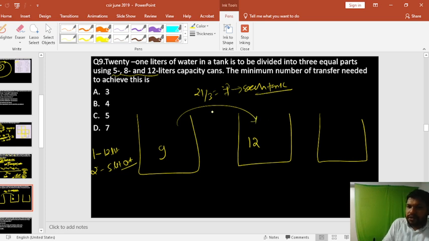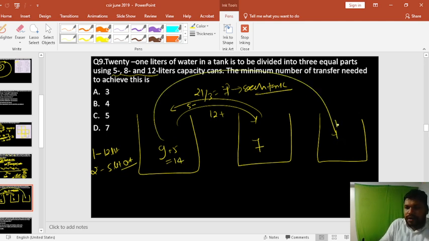Second thing what you do, take out 5 liters and fill it here. 5 liters we have taken out. So here it will be remaining 7 liters, because 12 minus 5 is 7 liters, and here it will be 9 plus 5 is 14 liters. Again from here you take out 12 liters.